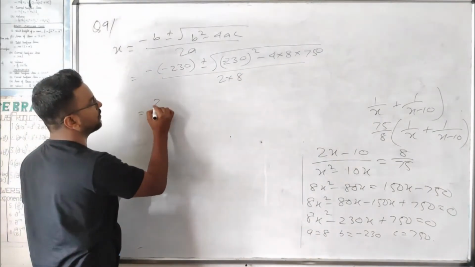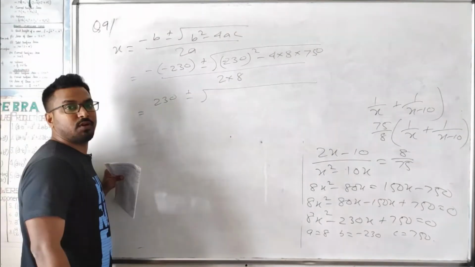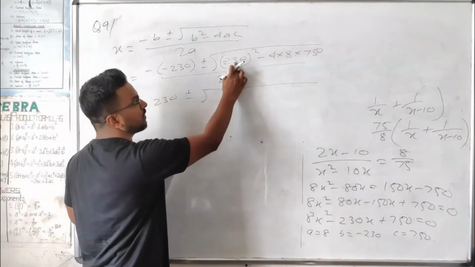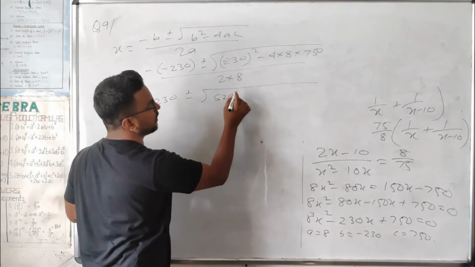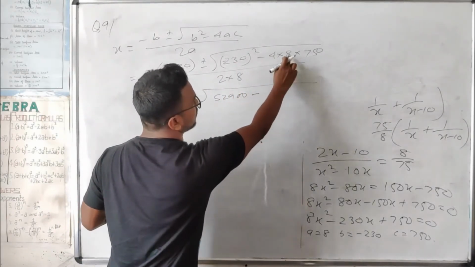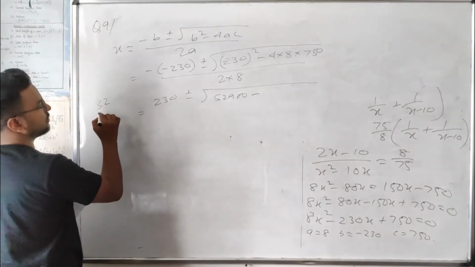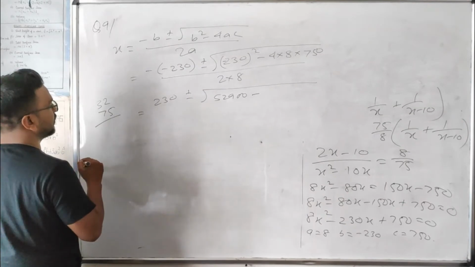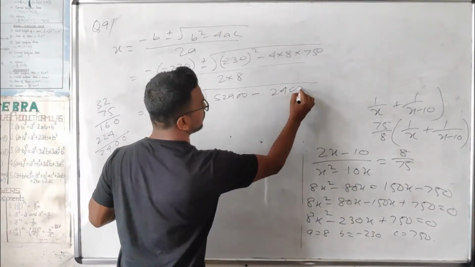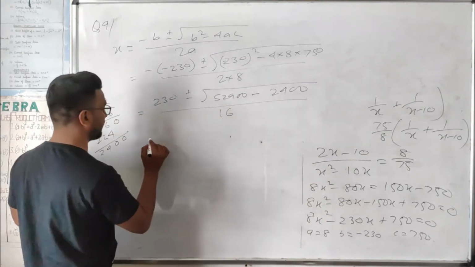Okay, so this will become minus minus, it will become plus, plus minus. Square of 230 will be how much? 23 square is 529. How many zeros? 2 zeros. Minus, if you multiply this one, this will become 32. So 32 into 75, how much will you get? This will become 2400. Divided by this is 16.